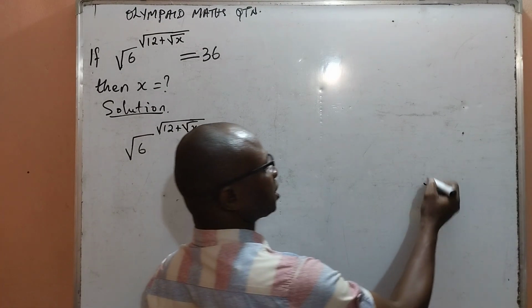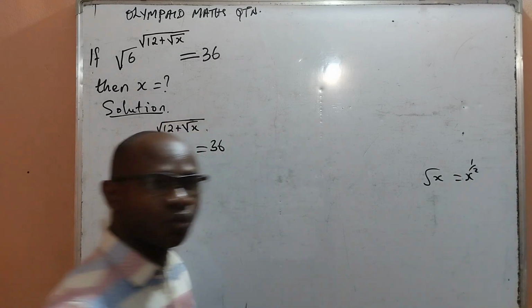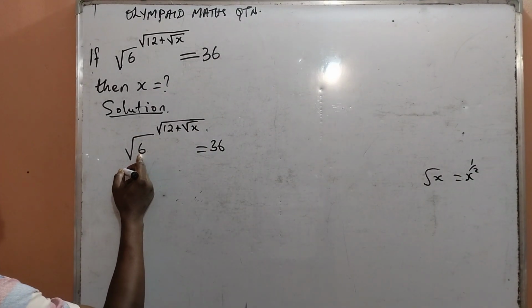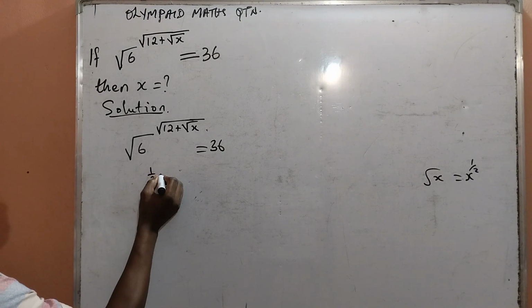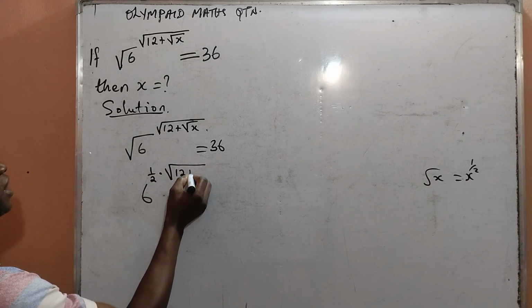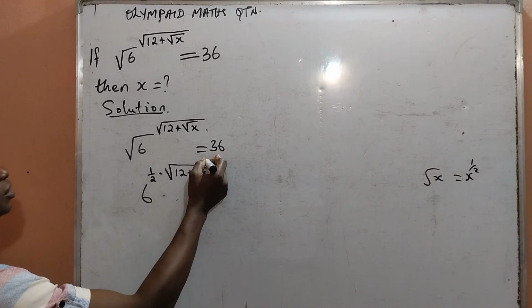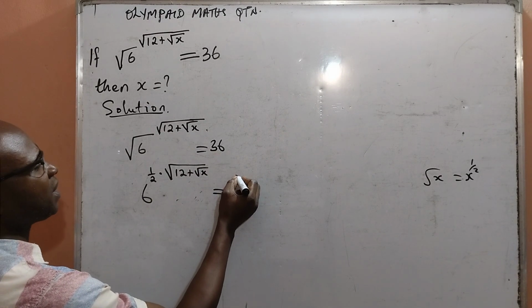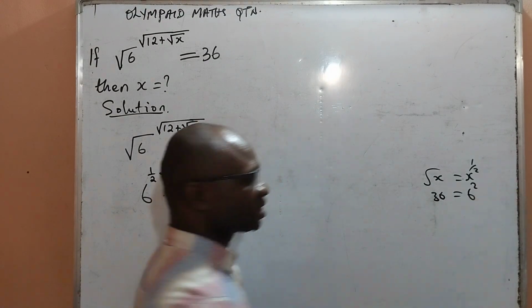But you know that the square root of x is equal to x raised to the power 1 over 2. So I will now express 6 as 6 raised to the power 1 over 2, then multiply by the square root of 12 plus the square root of x, all equal to 6 raised to the power 2, because 36 is equal to 6 to the power 2.